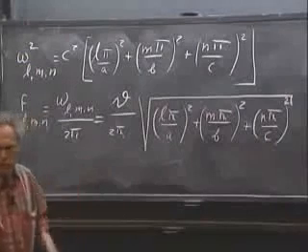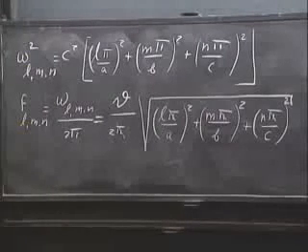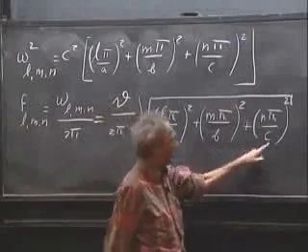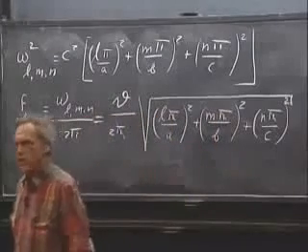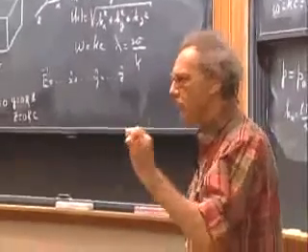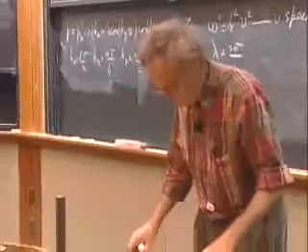And this is now in hertz. And so now you have an equation that if you make a box and you know the dimensions of that box, then you know that A is a dimension in the x direction, B in the y direction, and C in the z direction. Then you can now predict at what sound frequencies this box will resonate.